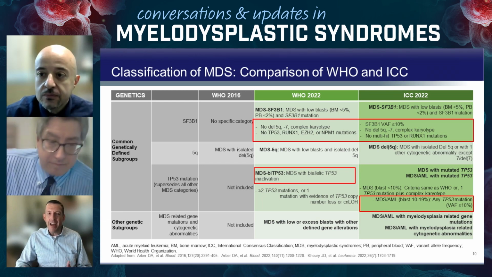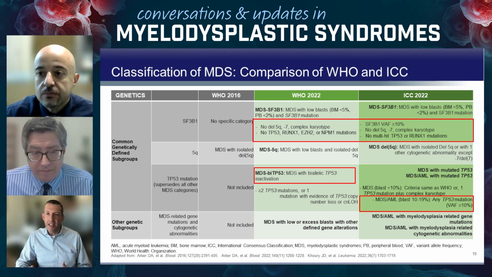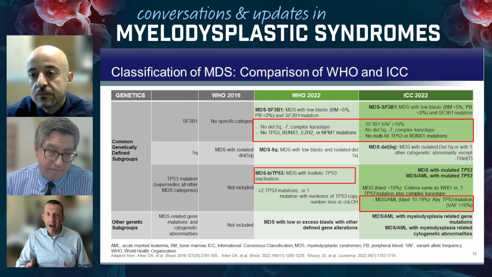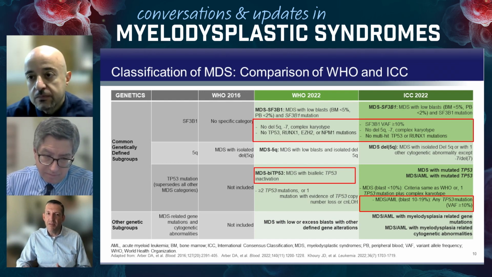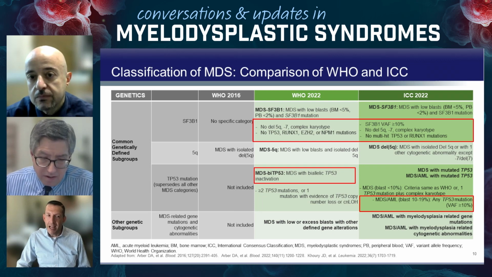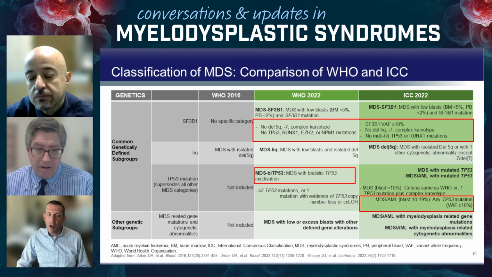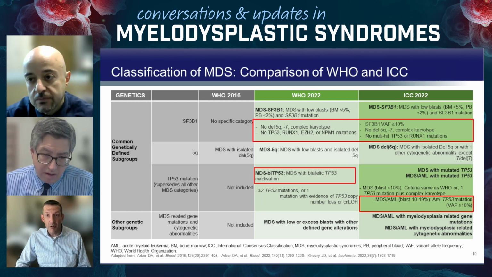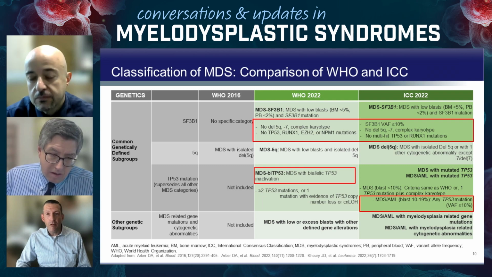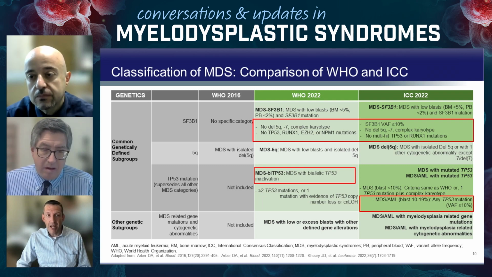If we're trying to be thematic about it, these classifications are now increasingly recognizing the importance of molecular abnormalities and calling out specific subgroups with those molecular abnormalities. So in the WHO classification, we now have a call out in addition to patients who have a deletion 5q abnormality, which has been around now for about 2 decades in WHO classification.